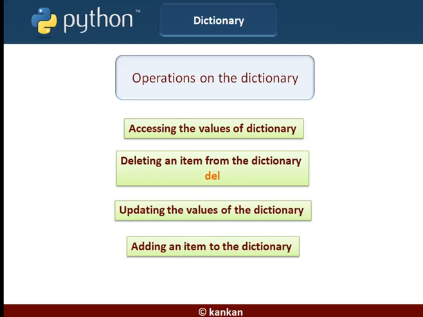Next we will see how to update a dictionary value corresponding to the key. I need to update a dictionary value corresponding to the key. What do we have to do?